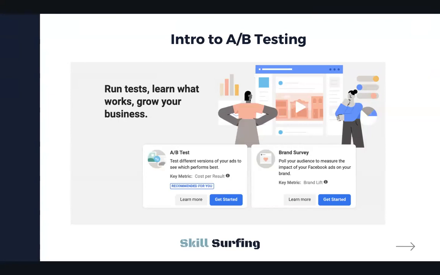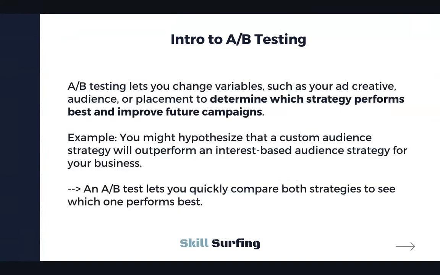You need to have everything similar in both version A and version B, and have just that one variable that you're testing. This way, this A/B test lets you quickly compare which strategy performs best and really put this debate to rest within the company.